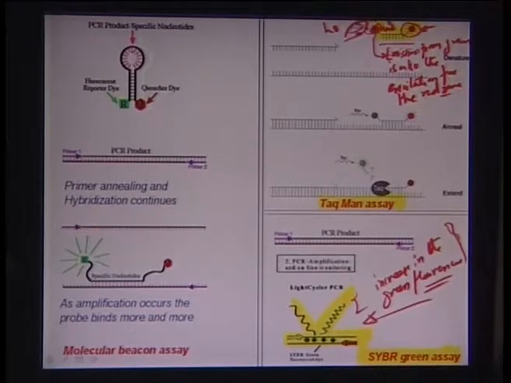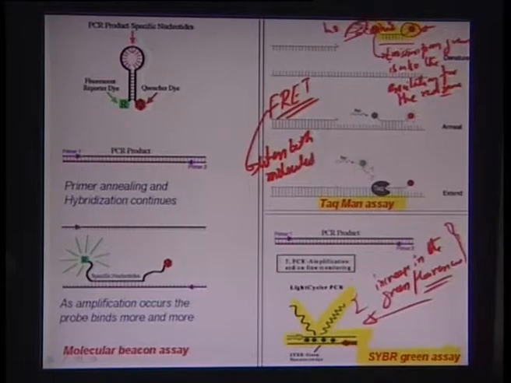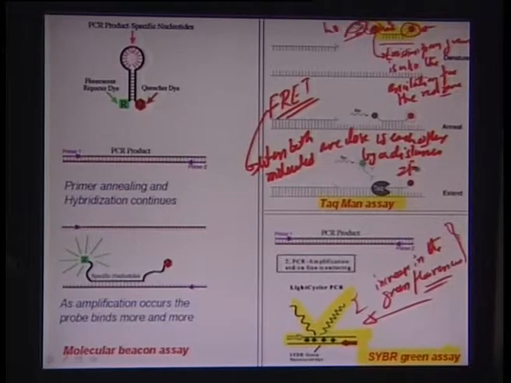This transfer of the emission signal from one into the excitation spectrum of the other is also known as fluorescence resonance energy transfer, or FRET. Okay. This can only happen when both molecules are close to each other by a distance equal to the Forster's distance.